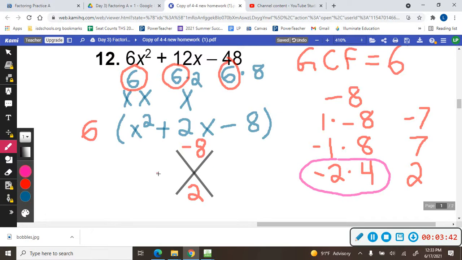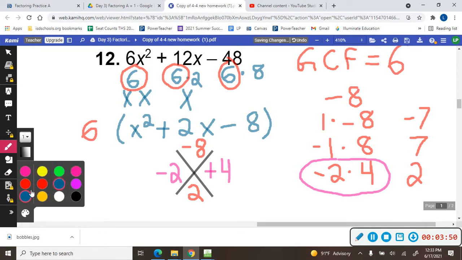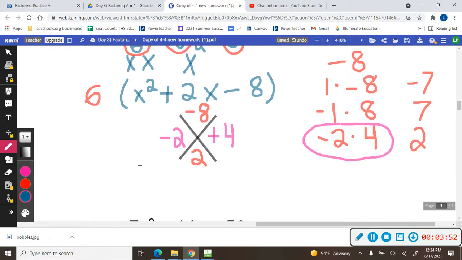So now I get minus 2 and plus 4. Factoring this, x squared makes x and x. And then I put my minus 2 and my plus 4.